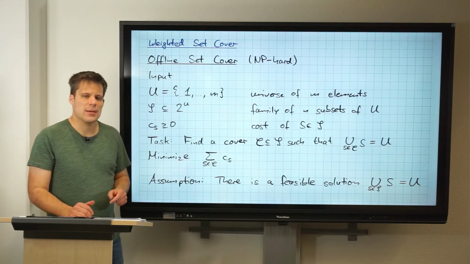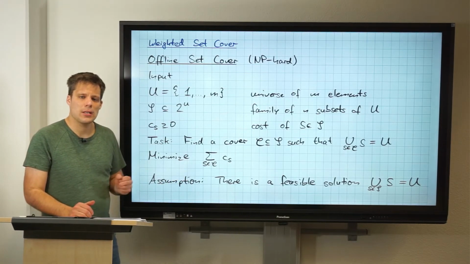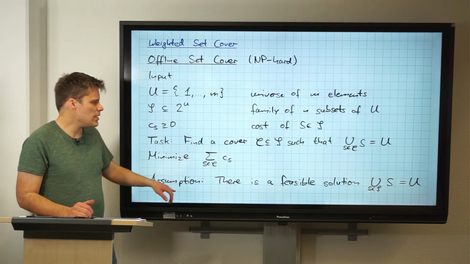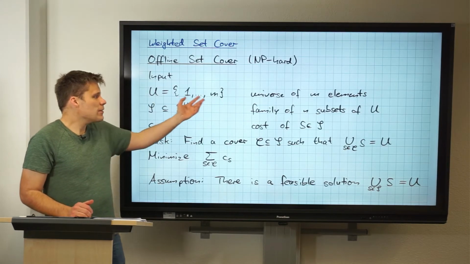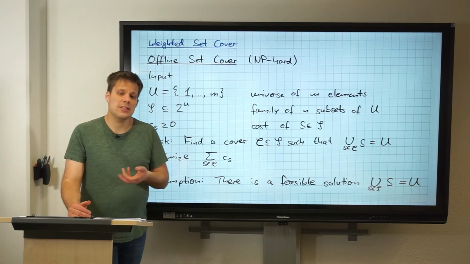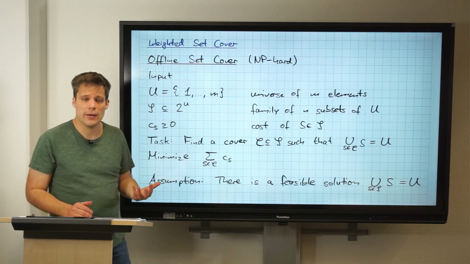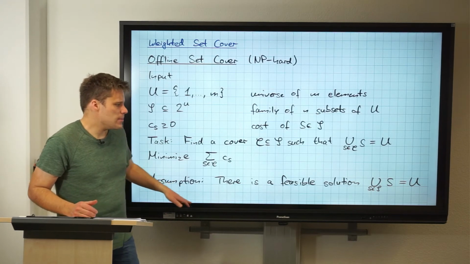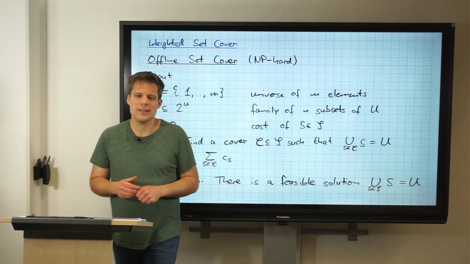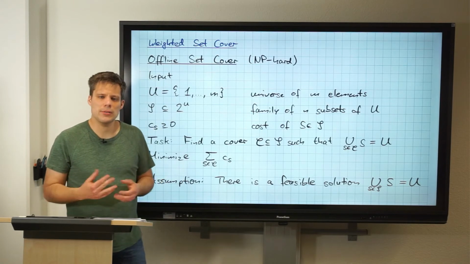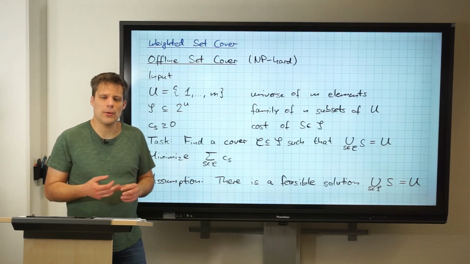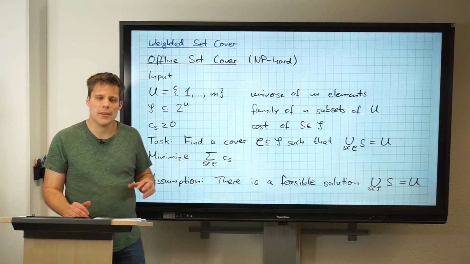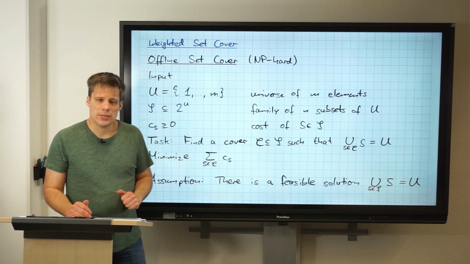So the sum of the costs that we'll have to pay to hire them has to be minimized. And our assumption is that for each of these powers, there is at least one superhero who we can hire who has this power. Which, in other words, means that the union of all sets that are available to us will be all of U. But we hope that we can only take a subset rather than the full set to make our solution cheaper.